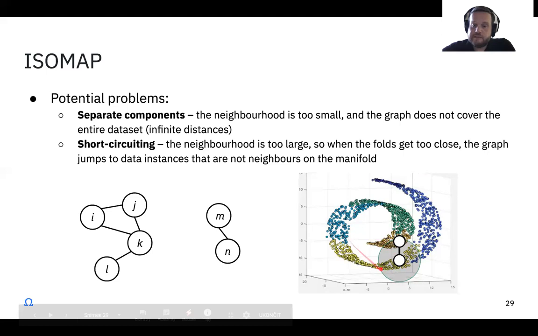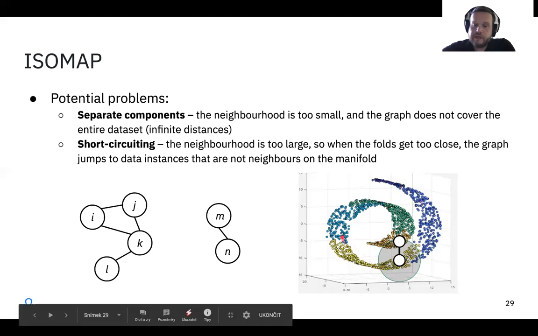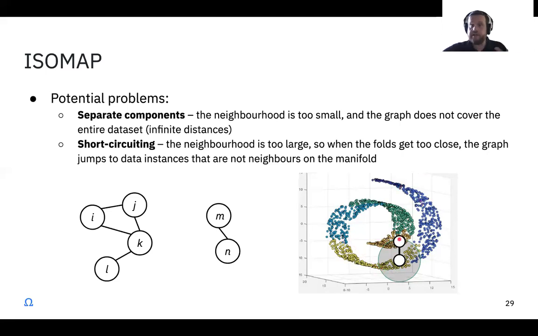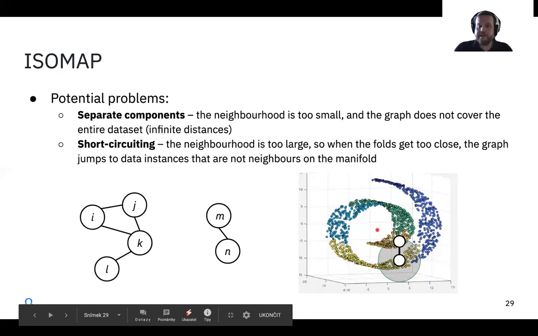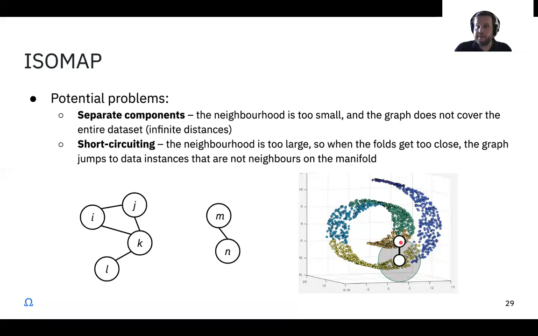We see that neighbors are those data points along the sheet, along the rectangle that we roll into the data set. But if we select a too large neighborhood for our graph, then it will say, okay, this is my neighbor, and you will have false structure, which is very detrimental to the performance of the dimensionality reduction method.